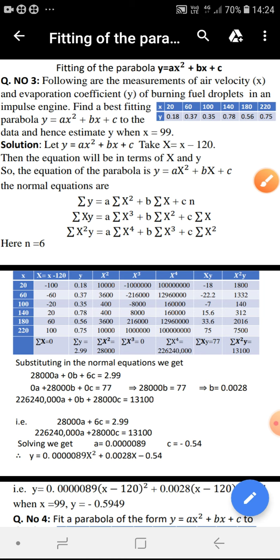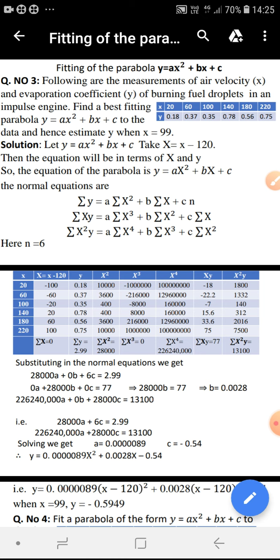Now we need to calculate all these sums: summation small y, then all capital letters, summation capital X, summation capital X square, summation capital X cube, summation capital X into y, summation capital X square into y.